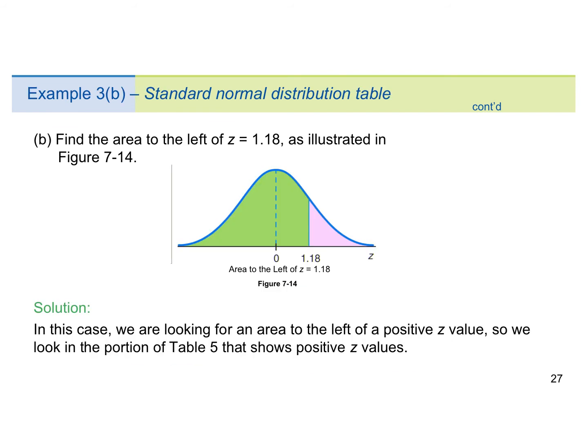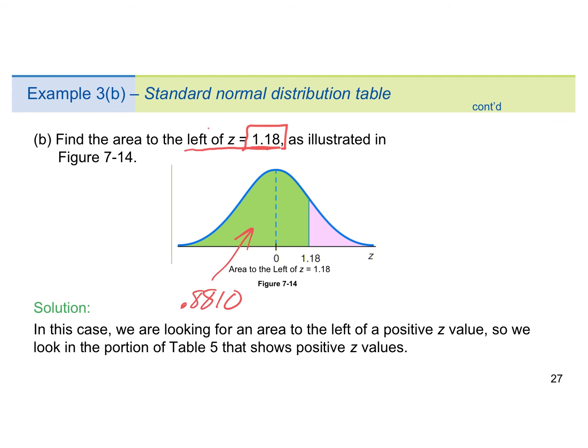Here's another one. Let's find the area to the left of a z-score of 1.18. Therefore, this percentage is 0.8810. That's the area under the curve. That is the percent of data to the left of that 1.18.